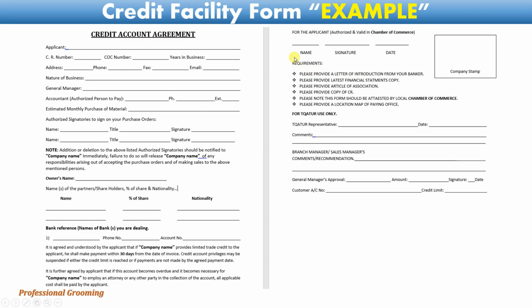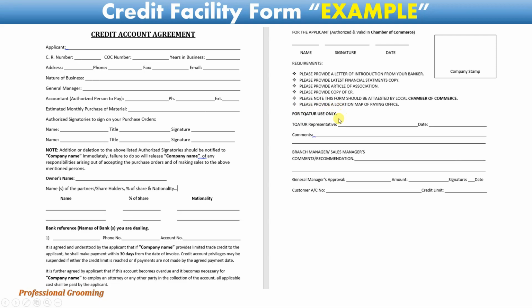Okay, you can write here the requirements, what documents are required. Here are some documents, like please provide a letter of introduction from your banker and the latest financial statement to see the liquidity of the firm, and articles of association, commercial registration copy, chamber of commerce, and the location map and paying office.